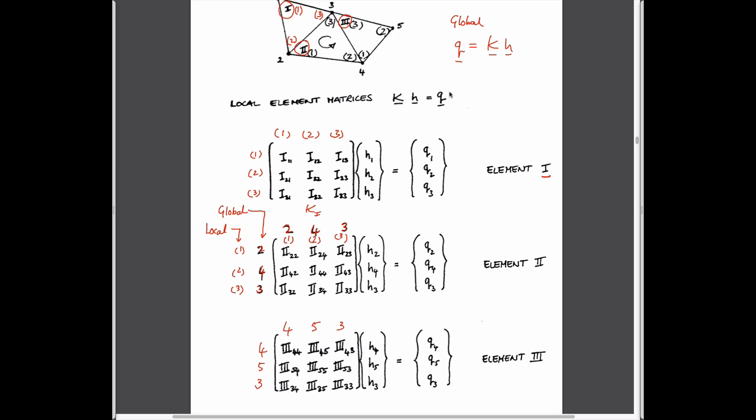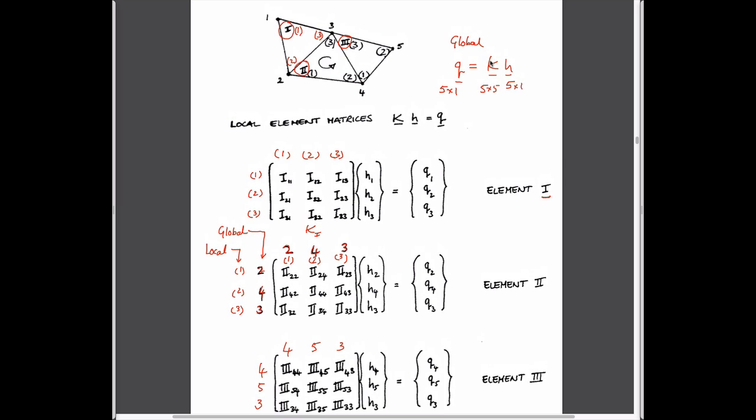And so the question is, what are the sizes of these matrices going to be? H is going to be, in terms of rows and columns, 5 rows and 1 column. And this will be 5 by 5. Has to be, right?